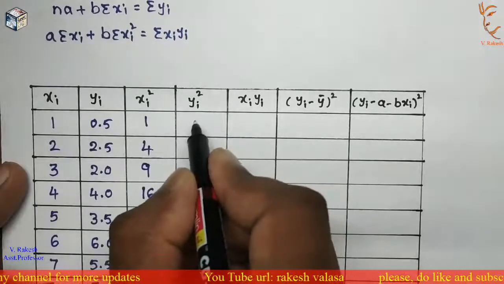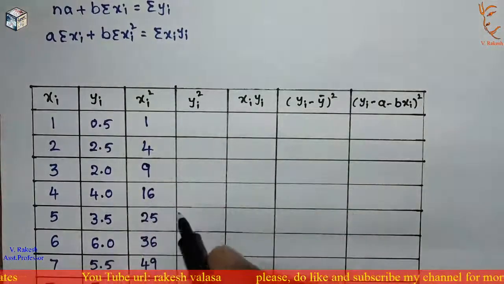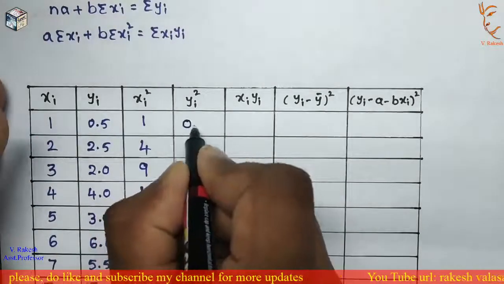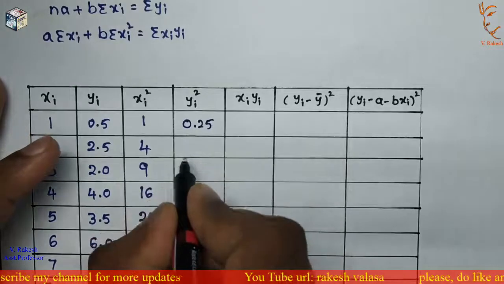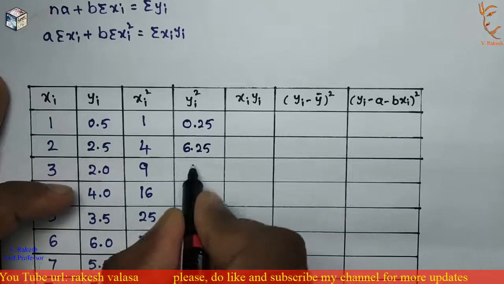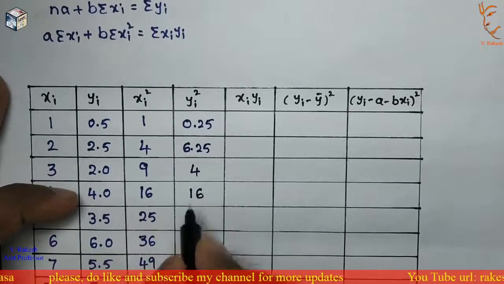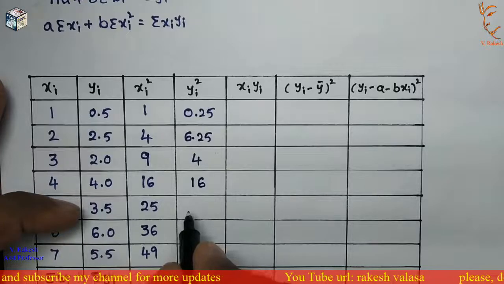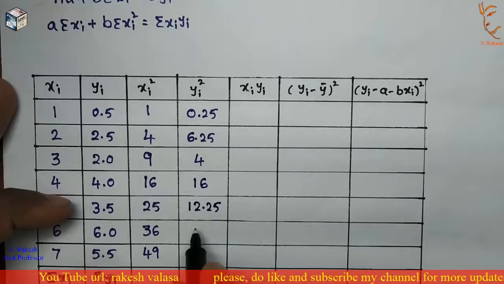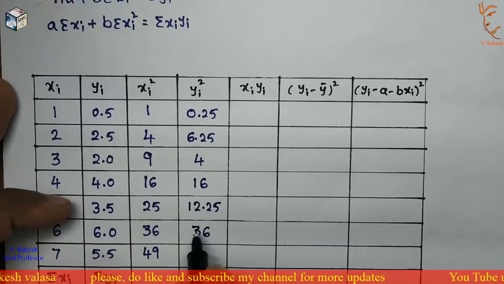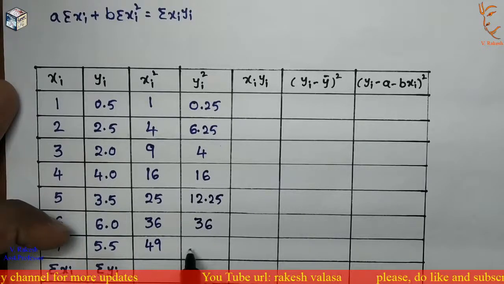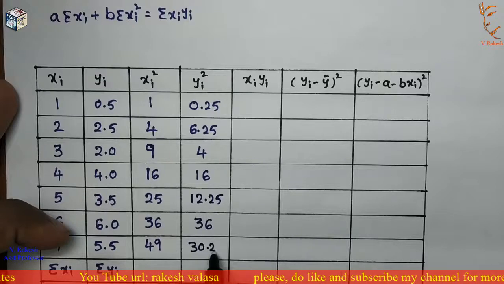Similarly, next column yi square, that is 0.5 square, that is 0.25, 2.5 whole square, that is 6.25, 2 square 4, 4 square 16, 3.5 whole square, that is 12.25, 6 square 36, 5.5 whole square, that is 30.25.